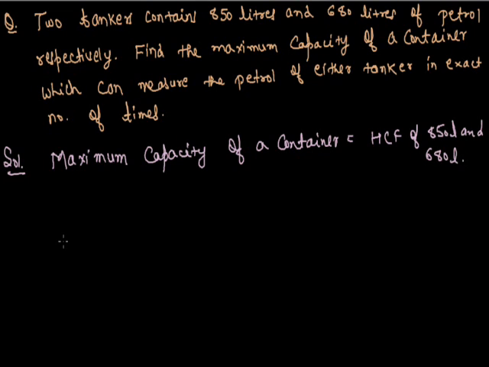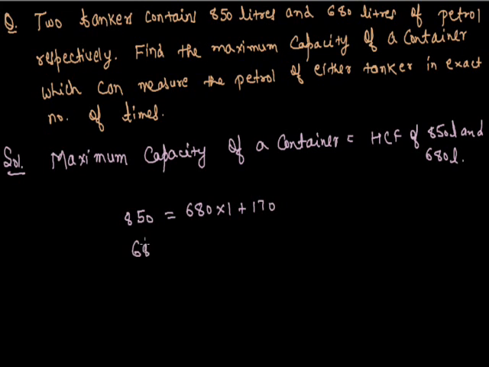So we are finding the HCF of 850 and 680 by using the Euclidean algorithm. So 850 equal to 680 multiplied by 1 plus 170.